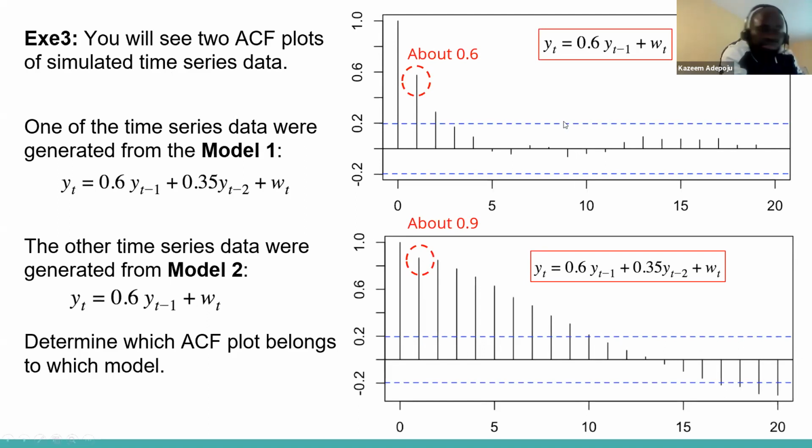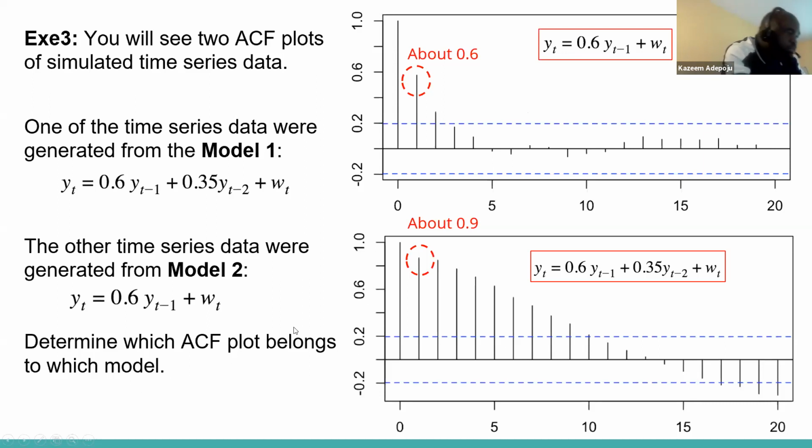You can be given the ACF plots, autocorrelation function plots, for two models, and they're going to ask you to identify which model has a particular ACF plot. That is the reason why I put it here: determine which ACF plots belong to which model.